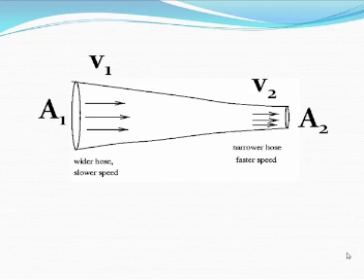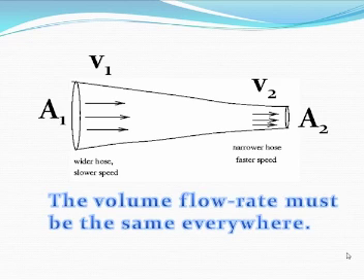Now, if you have a larger area and the water then is moving into a smaller area, what happens is the volume flow rate has to be exactly the same everywhere. If that whole thing is filled and the liquid is passing through, what comes in has to be what goes out, meaning that the volume flow rate will be the same at every point.